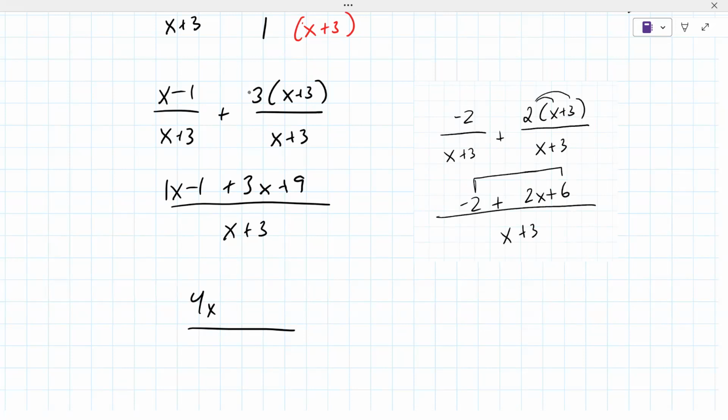Nope, minus 1 plus 9. An 8. Oh, wait, I'm sorry. It is 8. Oh. Well, I was thinking that I have to do a 9 first and then negative 1.